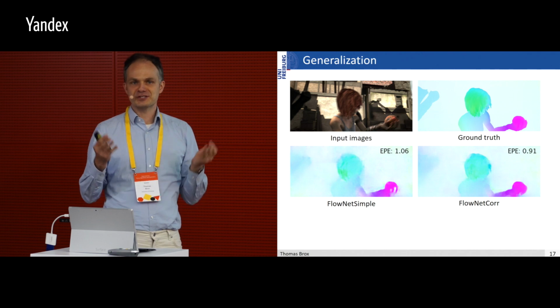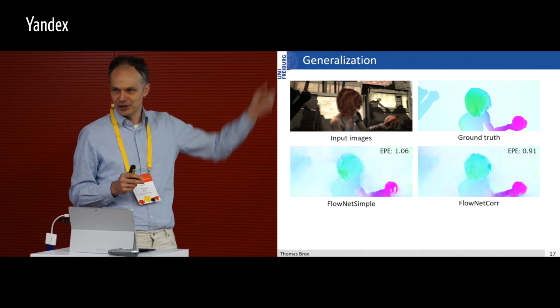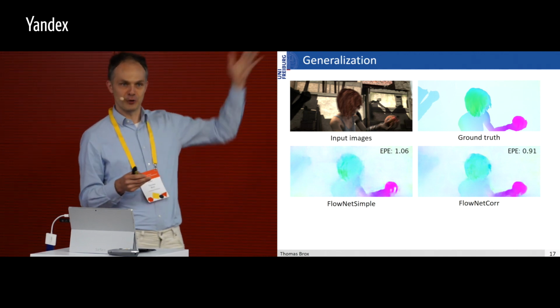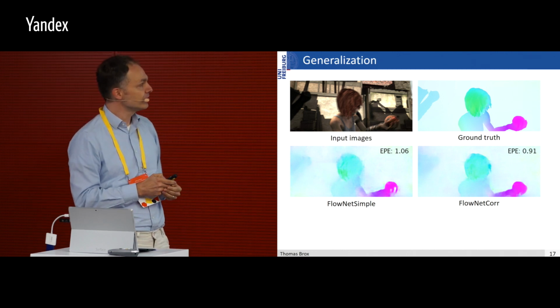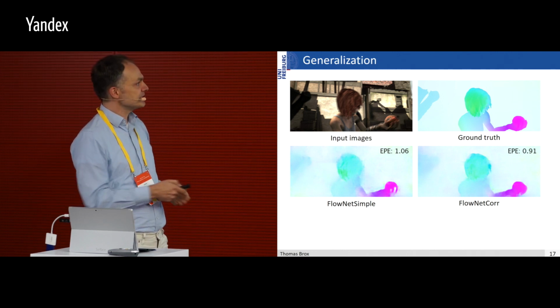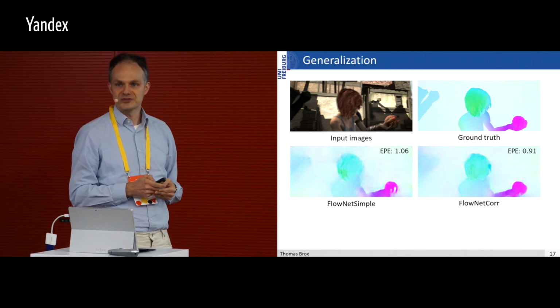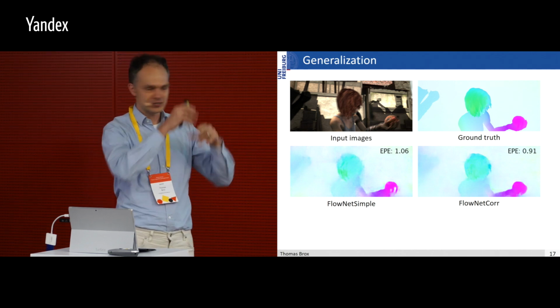So the interesting question is now, does that generalize? Does the network that learns on this data to compute optical flow also compute optical flow on scenes that don't look like this? We tested it here on the Sintel data set. You see that FlowNet produces some reasonable flow. We had two different versions here, a simple one and one with a correlation layer in it.